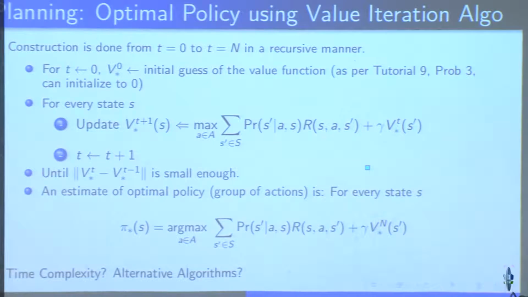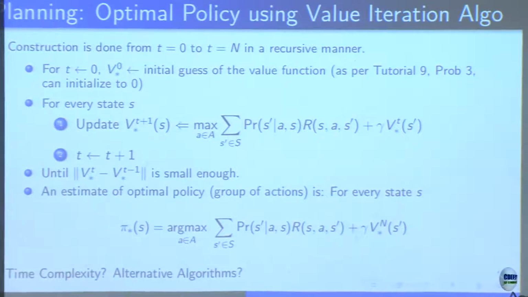So all you are doing at every step is updating your estimate of V, the t-th estimate of V pi, actually V star, which is looking at the V with the best possible policy. So you estimate this from a previous estimate of V, but the previous estimate of V is at all states S prime to which you could transition from S. Okay.